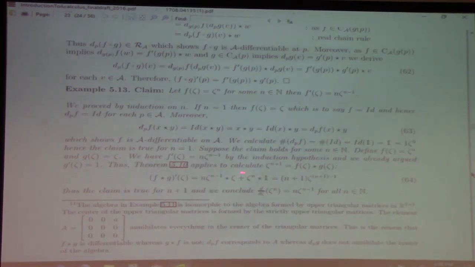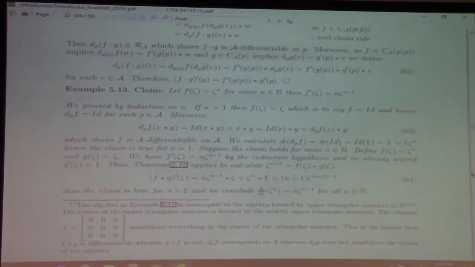If I have f of zeta equal to zeta to the n and g of zeta equal to zeta, then zeta to the n plus 1 is f of zeta times g of zeta, which is f prime g by the induction hypothesis, plus zeta to the n times 1, because g of zeta equal to zeta, so g prime is just 1. And what do you got? You got n plus 1 times that, which is exactly the power rule for n plus 1.